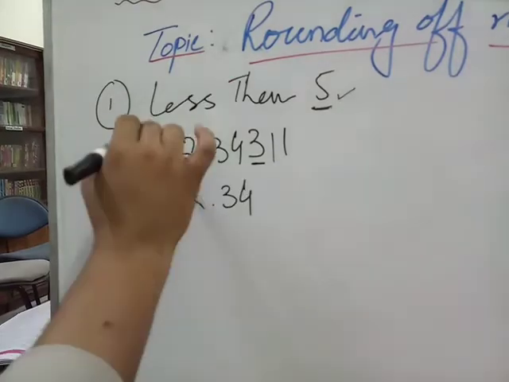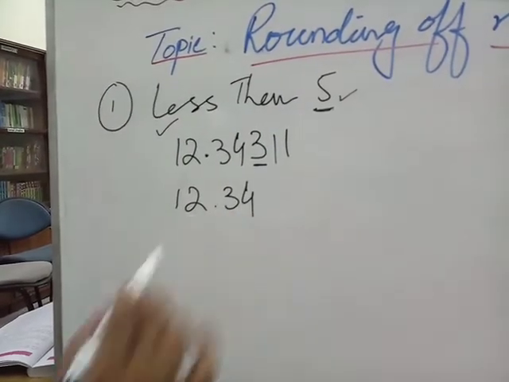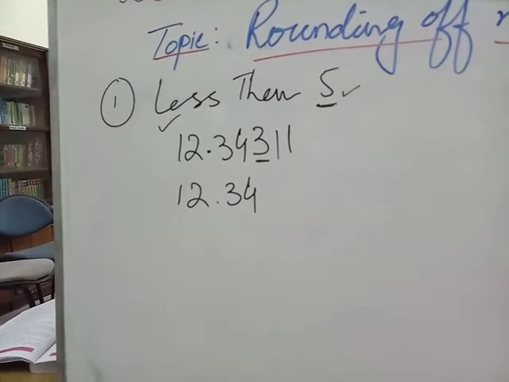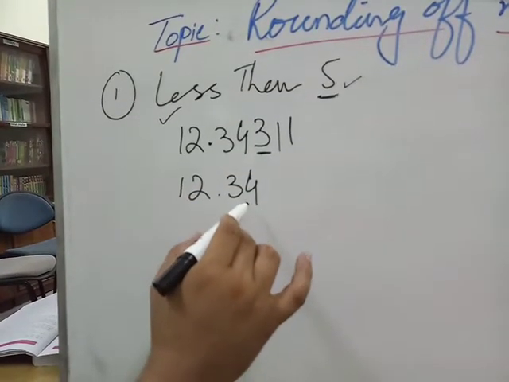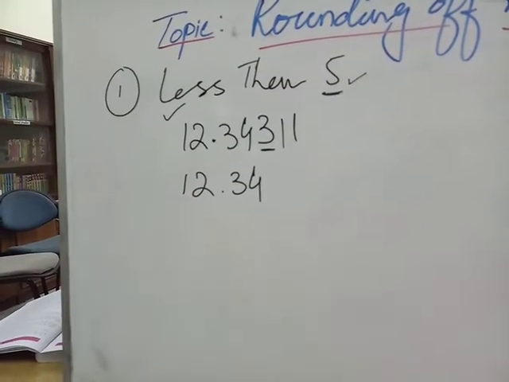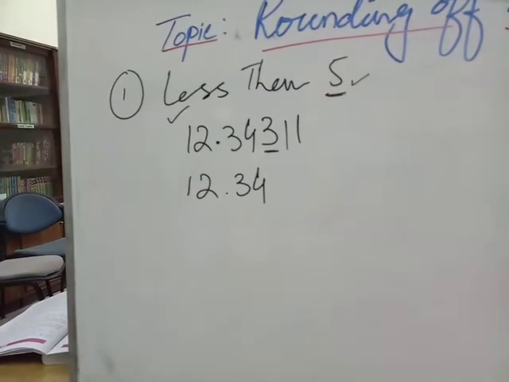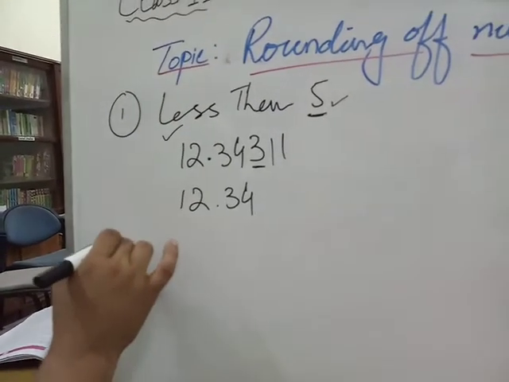Rounding off this number up to 2 decimals, we remove this 3 and the last digit is retained as it is. So this is rule 1.